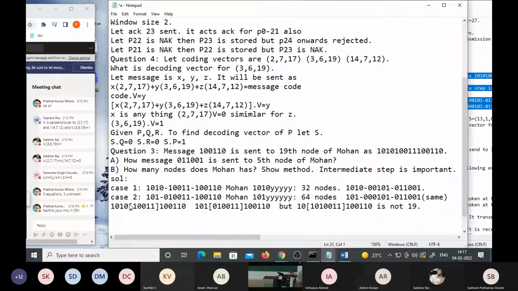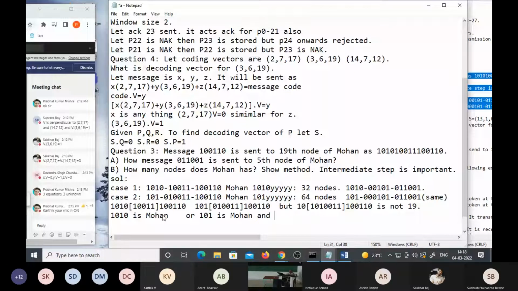So 1010 is Mohan, or 101 is Mohan, and host address in 6 bits.